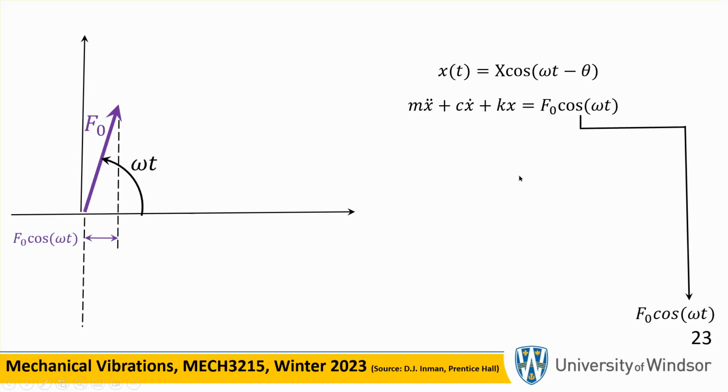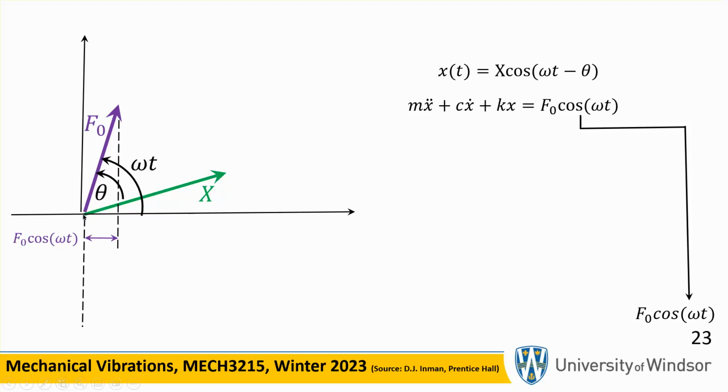If you look at the projection of this vector on the horizontal axis, you're going to get F naught cosine of omega t. That's obvious. Hypotenuse times cosine is going to give you the side, which is the right-hand side of this equation.